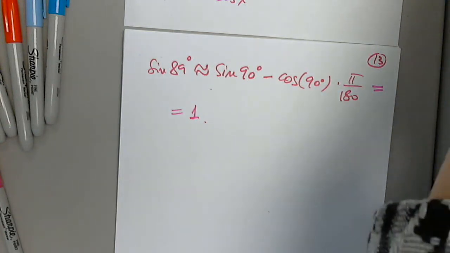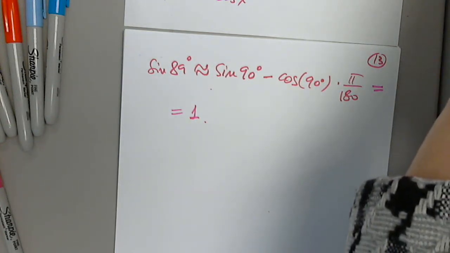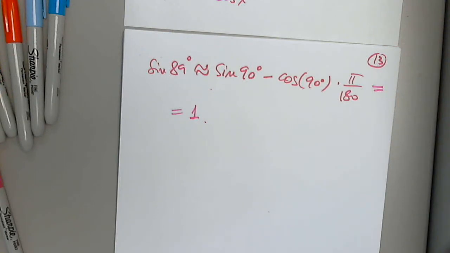So now we can check, if you'd like. Look at the mode. I have to check it's radians. Okay, so I want sine 89. Of course, it's not going to be 1, but we are happy with the approximation. So it was in radians.